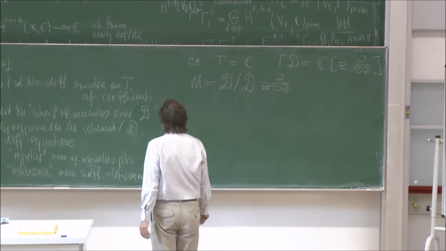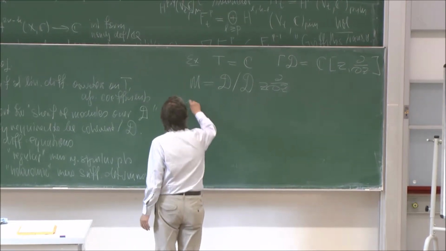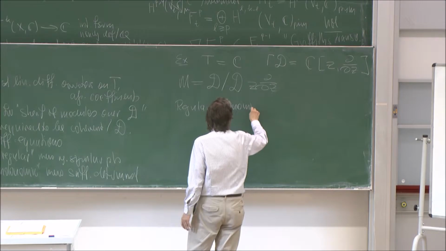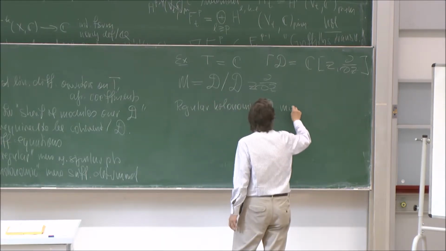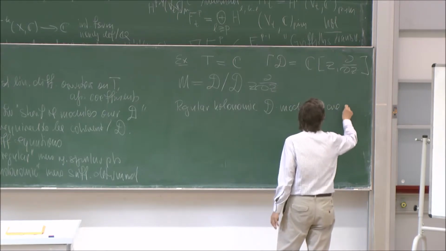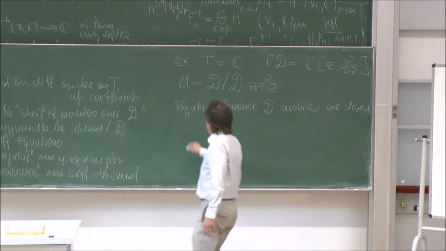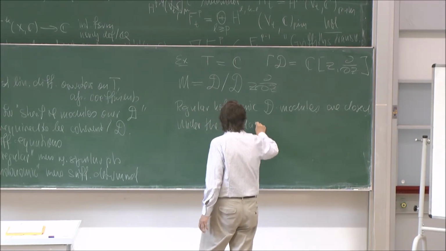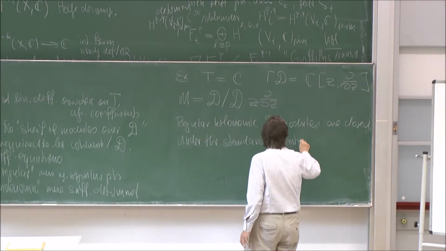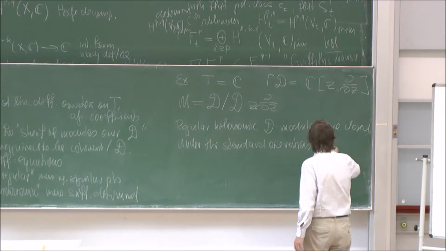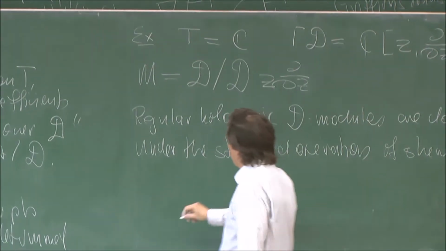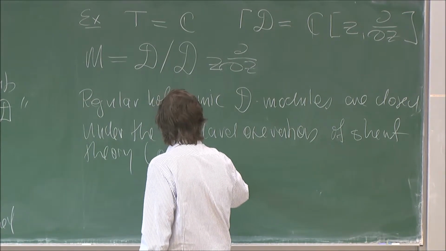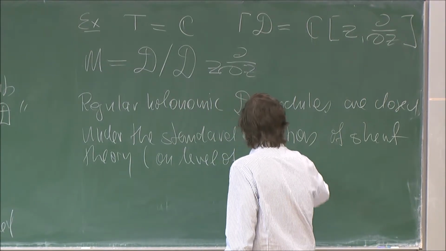and so regular polynomial D-modules are closed under the standard operations of sheaf theory, at least on the level of the derived category.